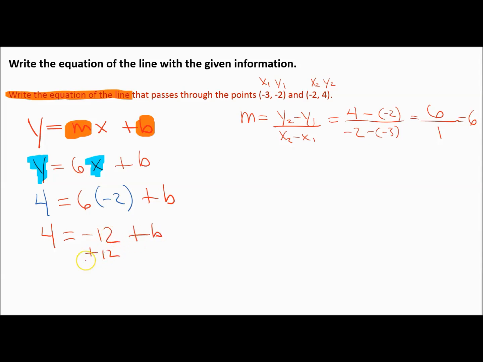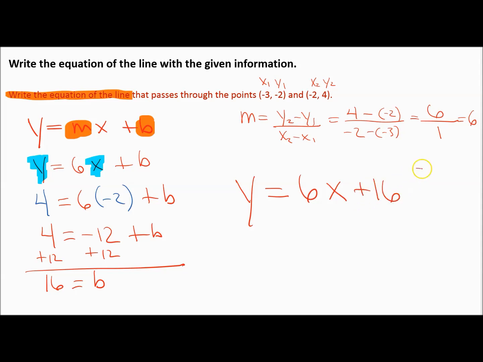I add 12 to both sides of my equation. All right, so 4 plus 12 is 16 equals b. So now I have b. The last step is y equals, now I'm going back up to my highlighted original equation. m was 6, x, and then b was 16. It's positive, so I put plus 16.